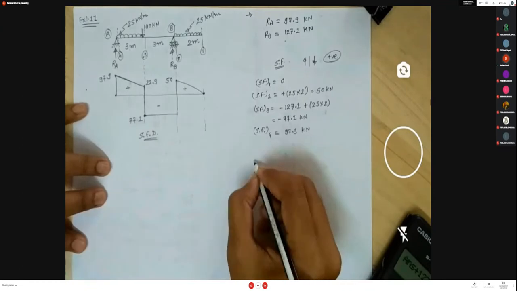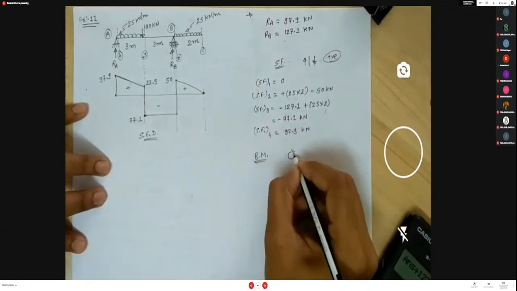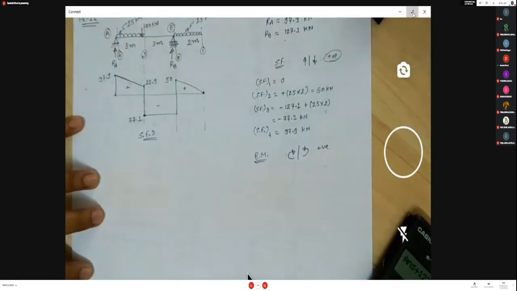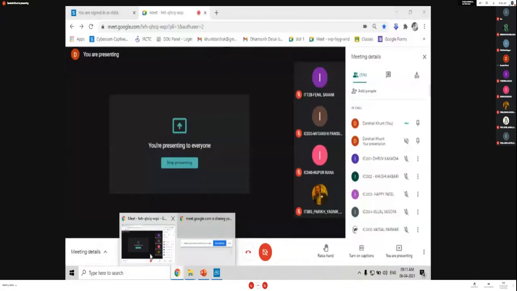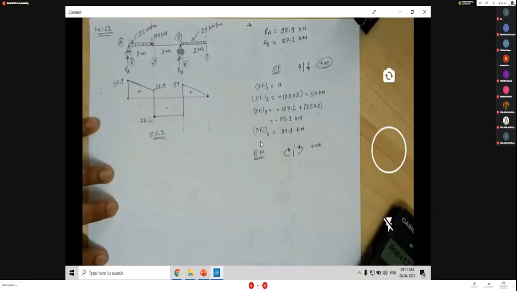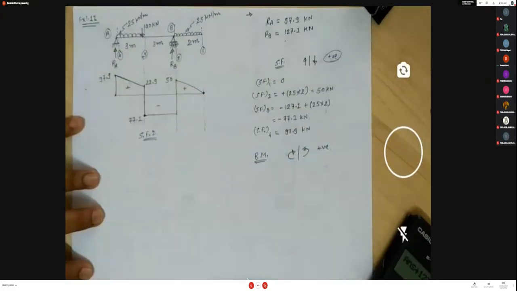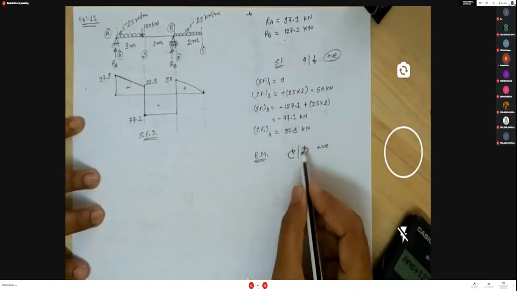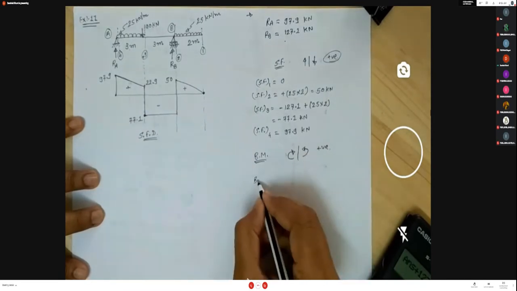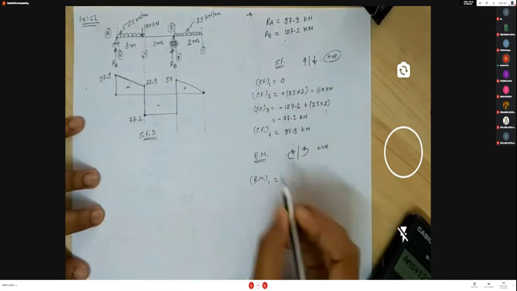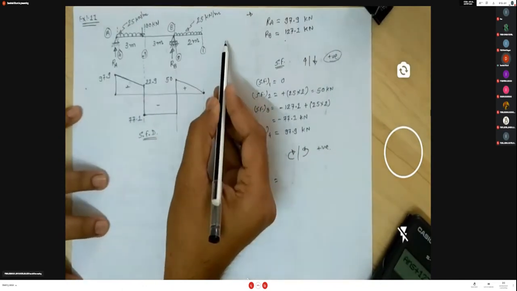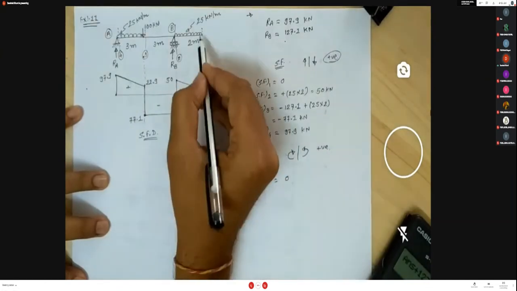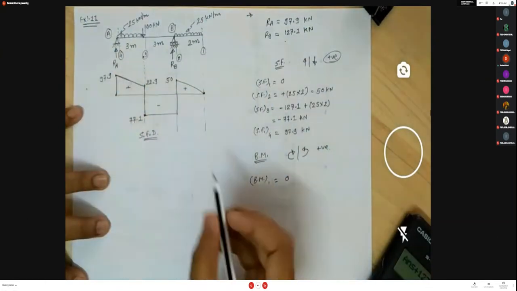Now calculate the bending moment value. So the sign convention is this: left hand side clockwise positive, right hand side anti-clockwise positive. Okay. Calculate the bending moment at section 1 here. Again consider the right hand side part. On the right hand side there is no loading, so moment about section 1 is 0.